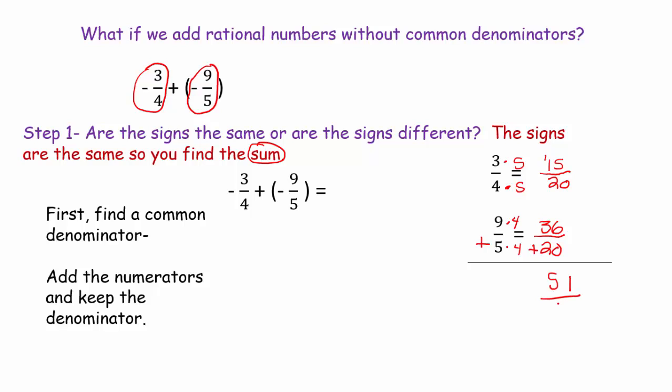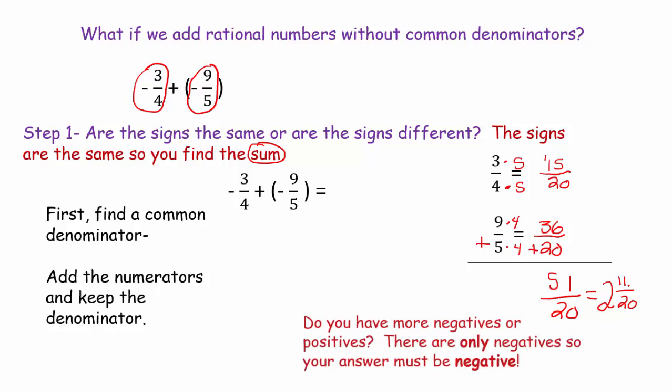That's 51/20. Whew, we normally don't leave our final answer as an improper fraction. How many times does 20 go into 51? Twice. That gets us to 40 with 11/20 remaining. So when we find the sum, we get 2 and 11/20.